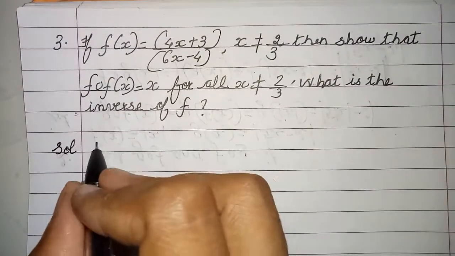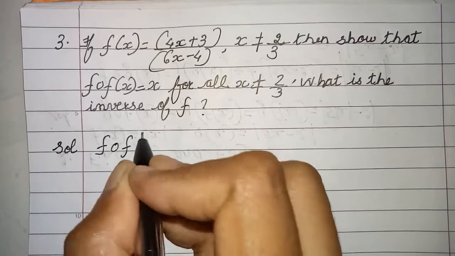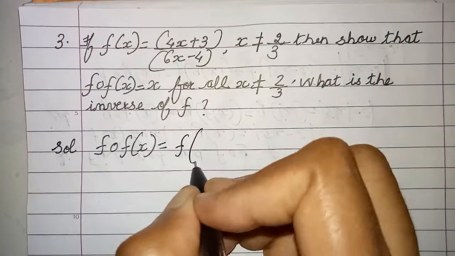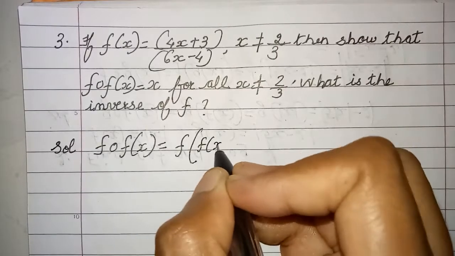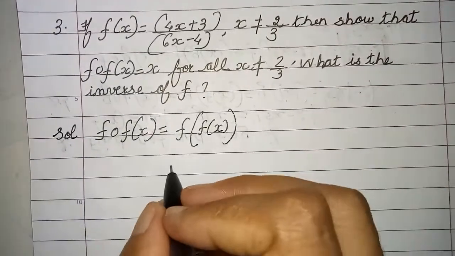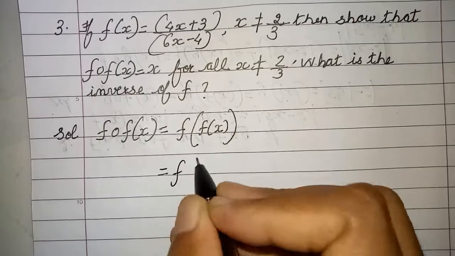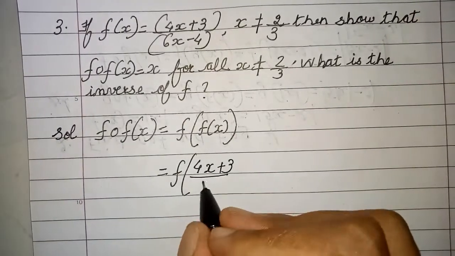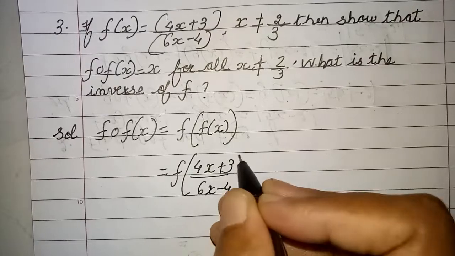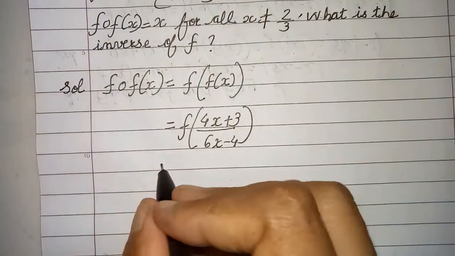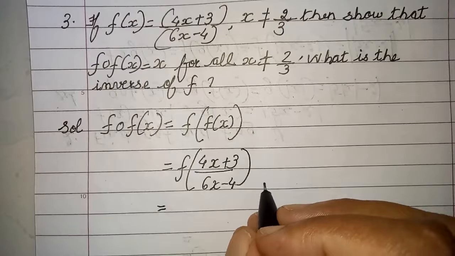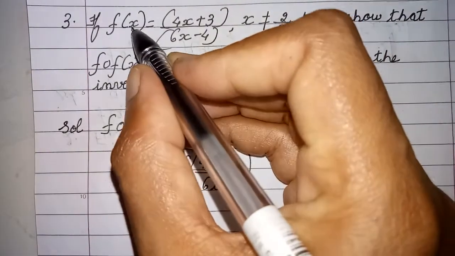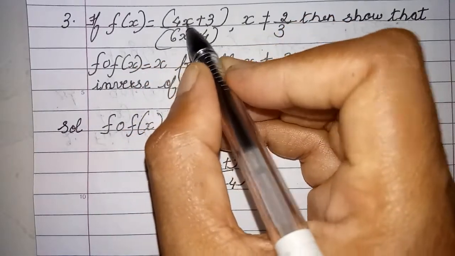So I am going to prove f composite f of x. Alright, so this by definition is f of f of x. So this will be f of (4x plus 3) upon (6x minus 4). Now how is your function defined? (4x plus 3) upon (6x minus 4). But your x is becoming here 4 times x.